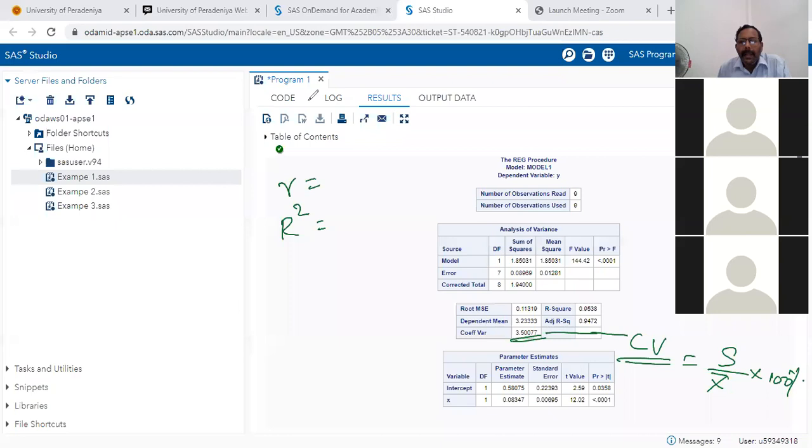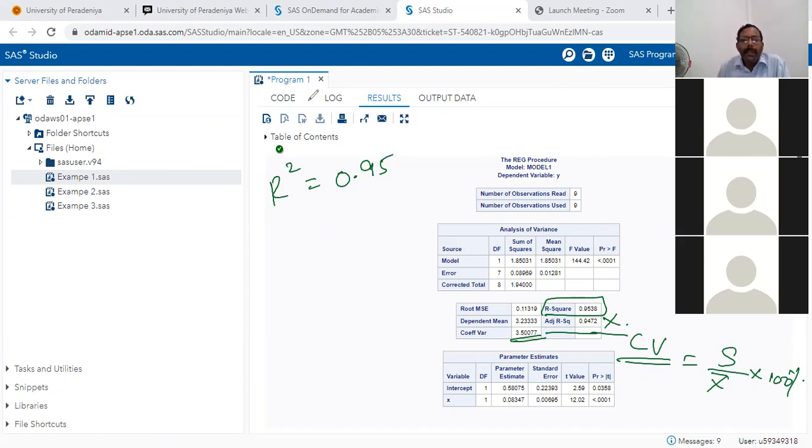Here, R square is already there. What is the R square? This is what we will have to look at. We don't want to go for adjusted R square. We can say R square is almost, in 2 decimals, 0.95. Very high. This is R square, not R. R we will have to get in a different way.